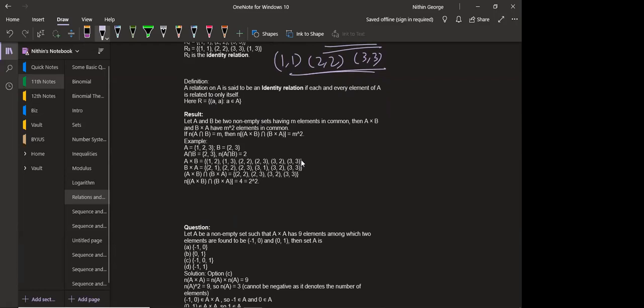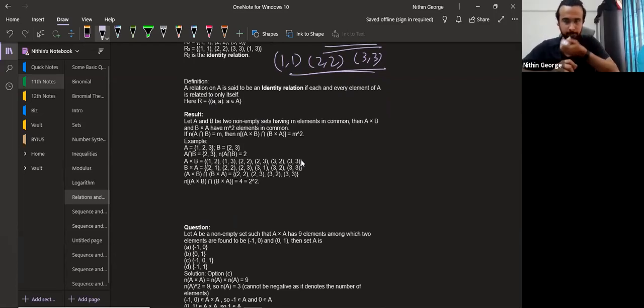Now, A and B are two non-empty sets having M elements in common. A cross B and B cross A have M square elements in common. Of course, how does it work?